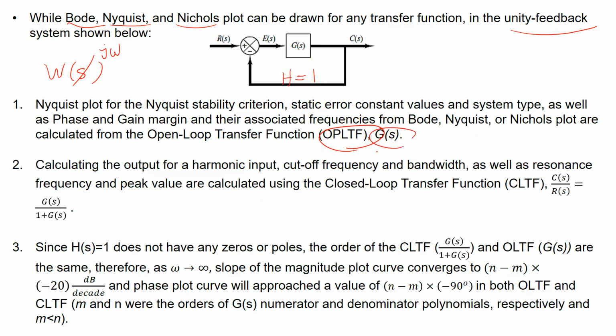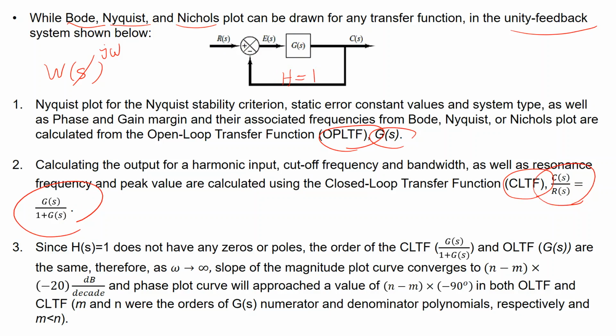G. So I can plot all of these different plots for G. I can also draw them for what? For the closed loop transfer function, which in this case is C over R, and it is G over 1 plus GH, and H is 1, so I can also plot it for this transfer function, G over 1 plus GH. So I can plot it for each one of them.